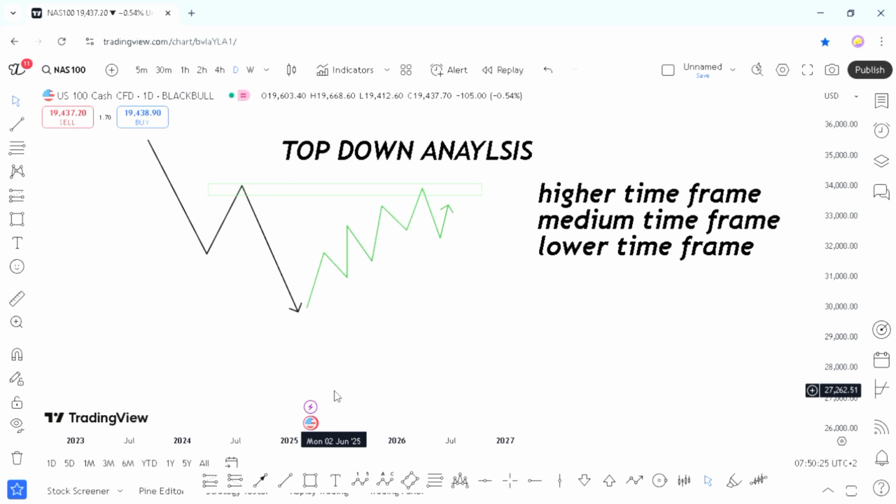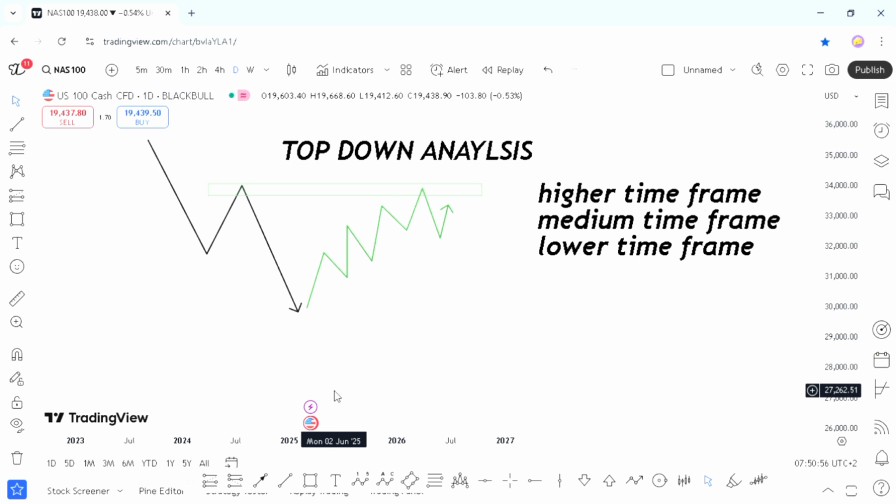Today's lesson has two areas which I will be touching on. The first thing I will be talking about is how to catch trend reversals, doing top-down analysis and trying to know when the trend is about to reverse. And secondly, the most important thing, which I know you are all here looking for, is how to get trading setups by doing top-down analysis.